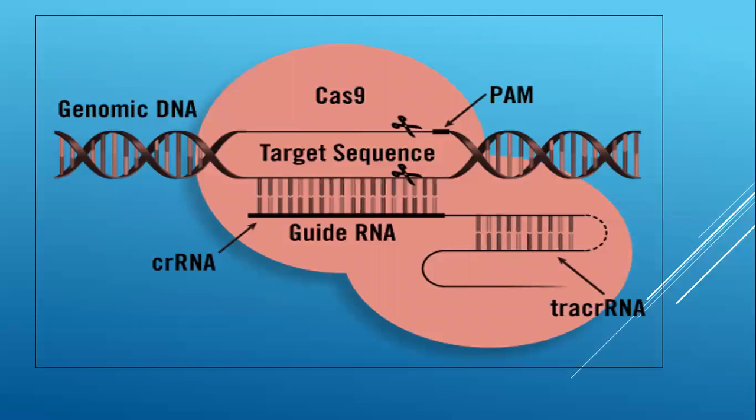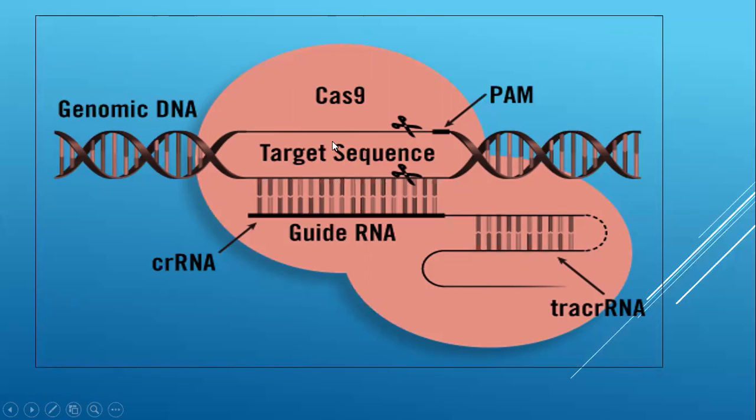Here is the structural view. Suppose this is your DNA, of the animal in which you're working. This is your target sequence. Now, you can see the guide RNA and also the tracer RNA. Initially, the tracer RNA binds with the Cas sequence, and then the guide RNA guides and is complementary to the target sequence, which makes certain that this is the sequence where the cleaving has to be done.